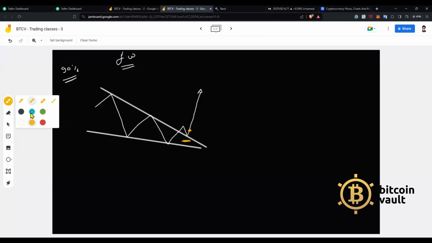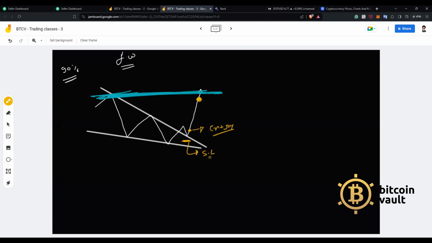Your exit point will be based not on the length, but on the resistance levels. So this is the resistance level. So here you can exit. Entry, stop loss, exit. Okay, so this is your falling wedge.